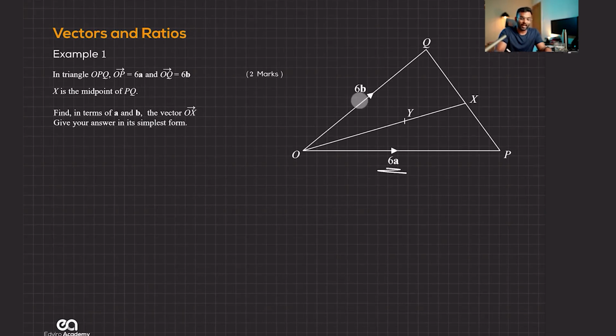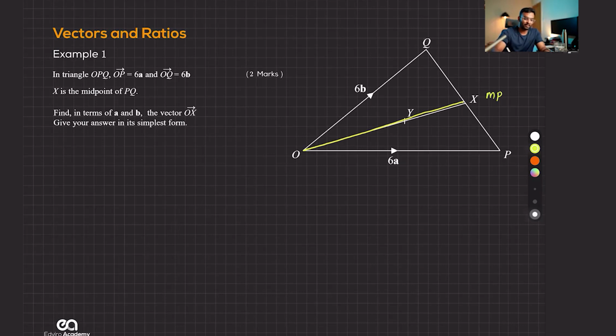You know what? When I see the midpoint, guys, I have a habit of writing MP right next to it because I always look at the figure. I might not read the question again. So I like to write MP just to remind me later that it's the midpoint. Find in terms of a and b OX. So we're going from O to X.